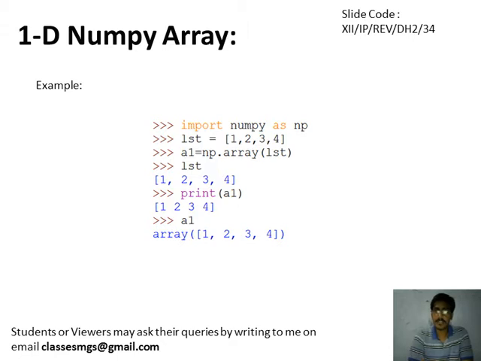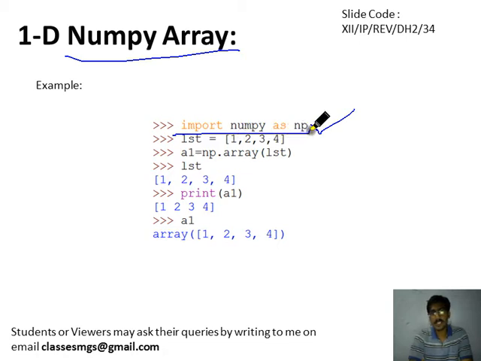Okay, so in this slide we will see how we can create a numpy array in Python. As in the previous slide, I have already told how we can use numpy in our program. So this is the line you need to write mandatorily for using numpy: import numpy as np.